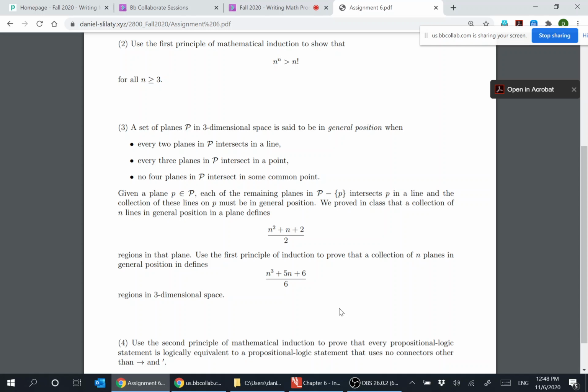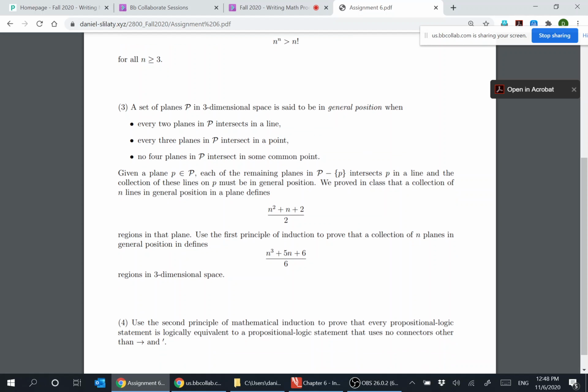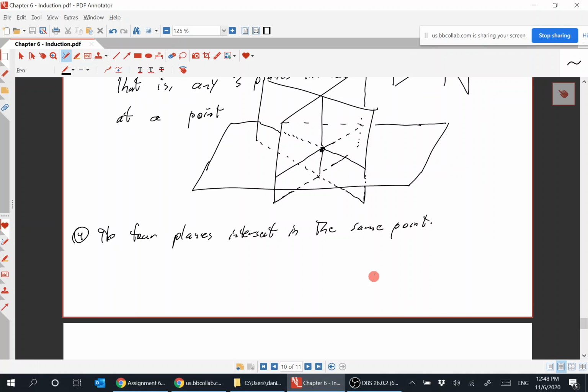To prove it, well, the base case is, again, one plane. One plane gives you 2 regions. And then 1 plus 5 plus 6 is 12, over 6 is 2. So that's great. The base case is easy. And then the induction step is not too bad, because it's really quite the same as what we just did with lines.